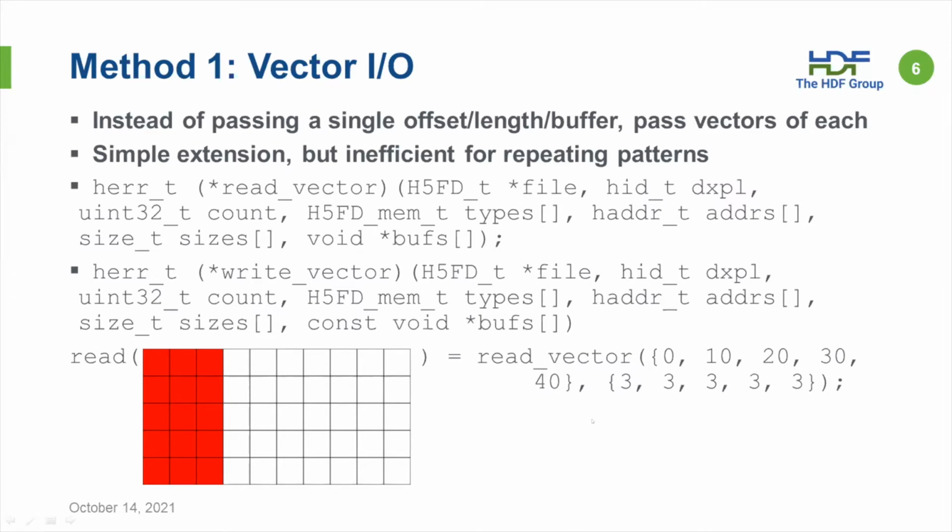And so that's fundamentally the same, but it gives the file driver knowledge at the start of the entire IO request. So the file driver can build an MPI data type or make a vectorized read call to the underlying file system, or fire off 5 asynchronous reads or what have you.